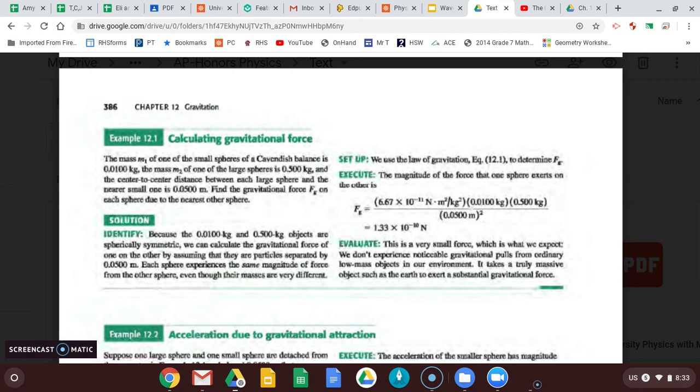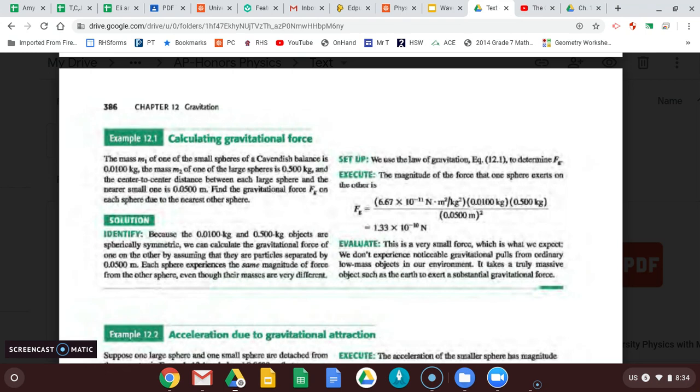Remember, another thing I'm going to say again is that once we define Fg as a more general force due to gravity just between any two objects, we do not call it weight anymore.